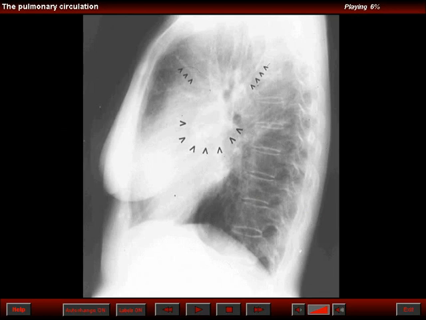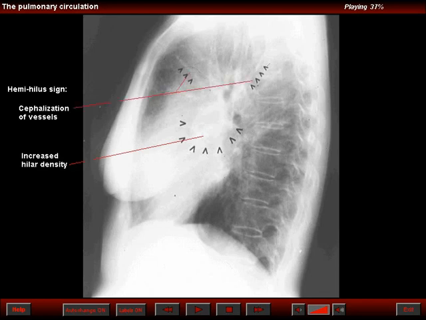This is a classic example of the so-called hemi-hilus sign. Note that there is a prominence of the hilar density due to enlargement of the right pulmonary artery. We also note that there are prominent vessels in the upper zones due to blood flow redistribution, and relative narrowing, almost inapparent vessels in the lower zones.